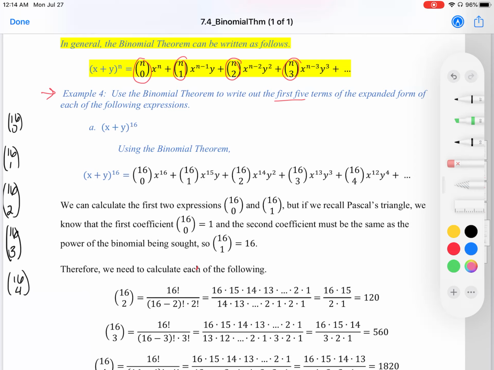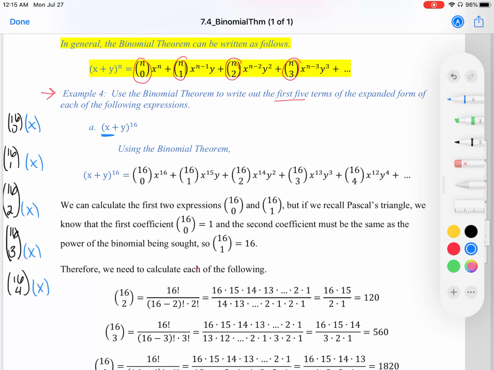Now let's set up our x's and our y's. Our first term is just an x. Whatever that term is, we write it in parentheses, and then we write the matching exponent.